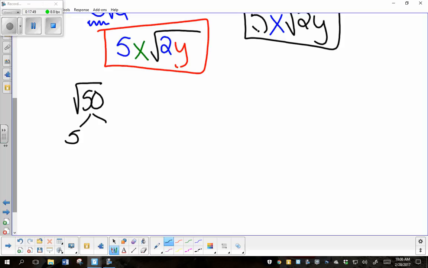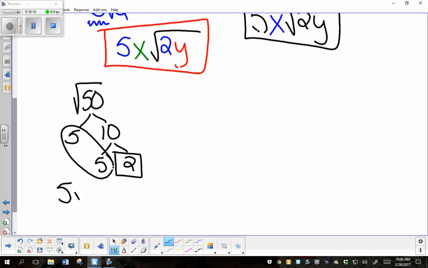If you had decided instead to break it up into 5 and 10, then you would have to break the 10 up into what? 5 and 2. Now, even though these guys are on different branches, they still are friends and they get to come out. So a 5 gets to come out. This 2 didn't have any friends. He stays on the inside. 5 on the outside, 2 on the inside.